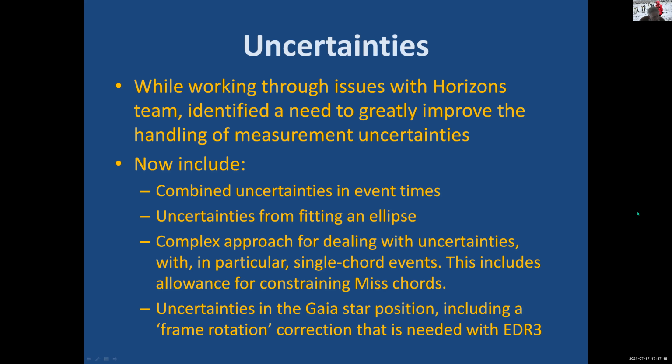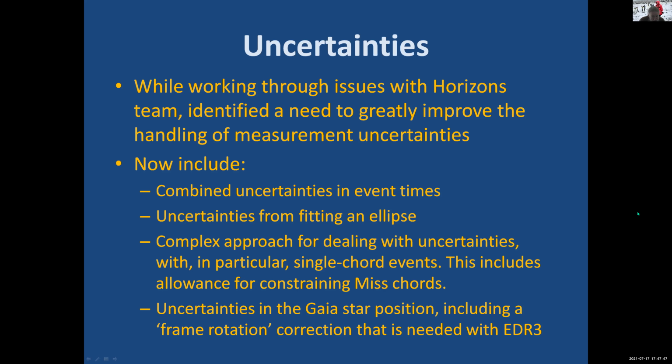And for single chord events, a complex arrangement there to maximise the certainty of the astrometry. And at this level, uncertainties in the Gaia star position are a relevant input to the overall uncertainties. We also have to allow for an error within Gaia EDR3.